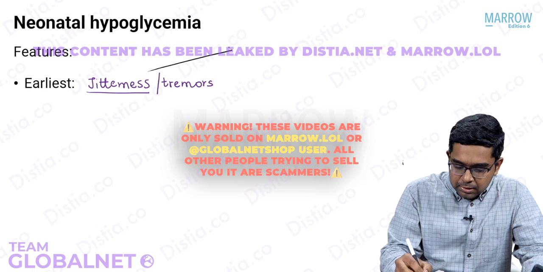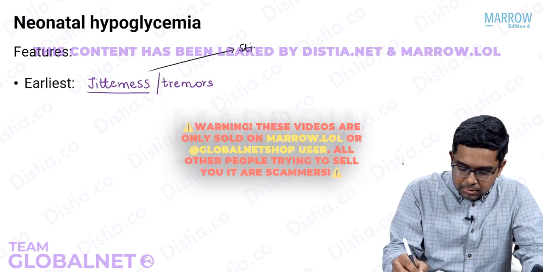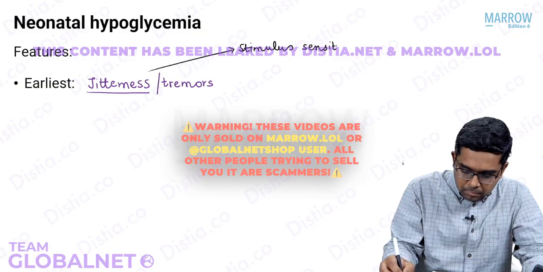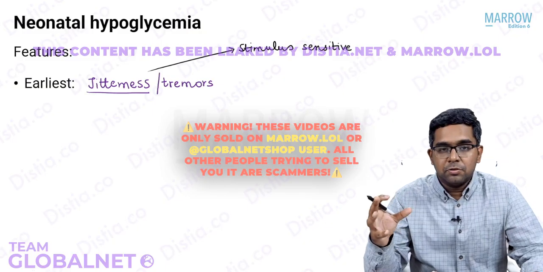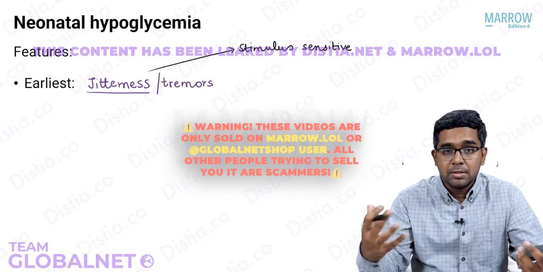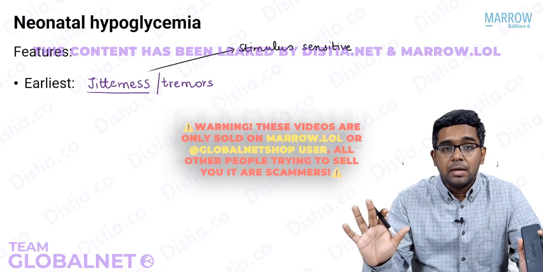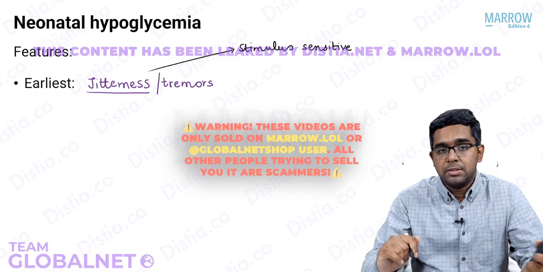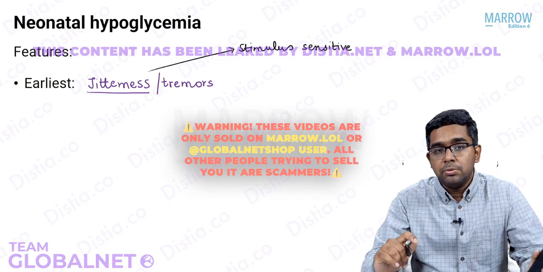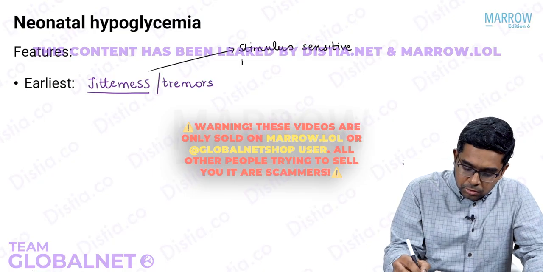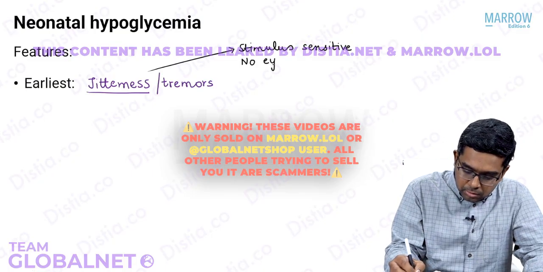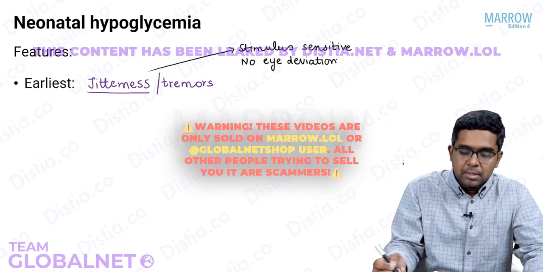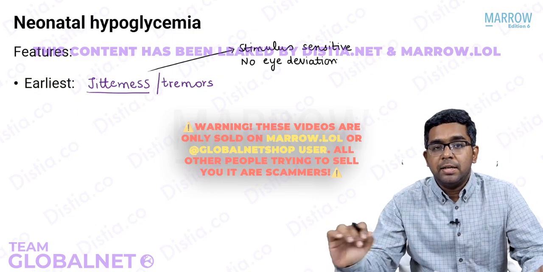Remember, jitteriness is stimulus sensitive. That means if you just touch the baby, the jitteriness can occur. However, seizures are not stimulus sensitive. That is the first distinguishing point. Second, during jitteriness there is no eye deviation, whereas seizures are generally associated with eye deviation.